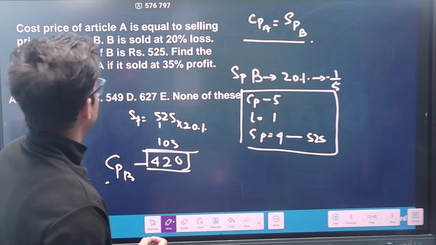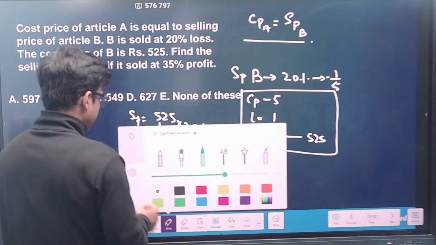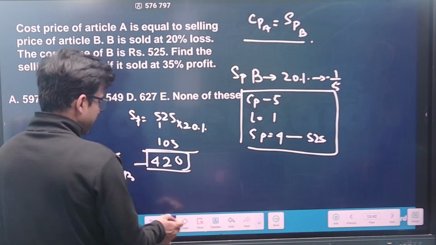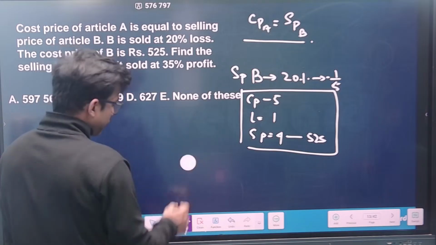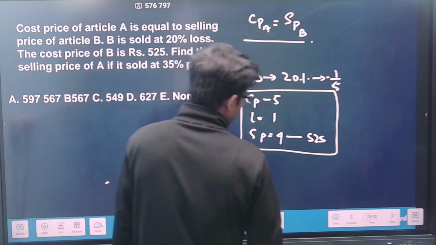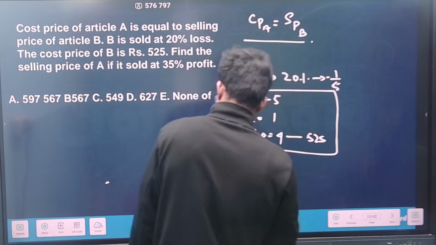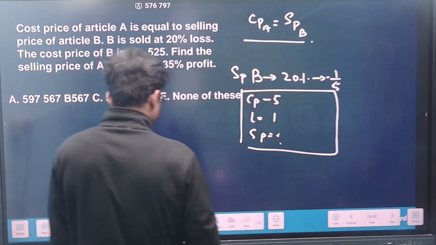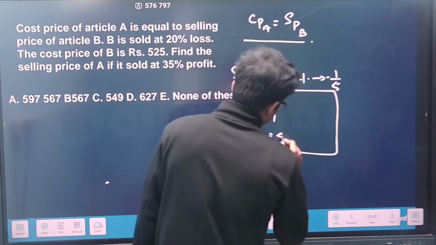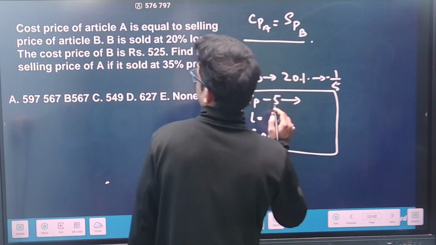Oh sorry guys, now here I had done something. Please wait. The value of 5 is given to us, not 4. The value of 5 is given to us, which is 525.